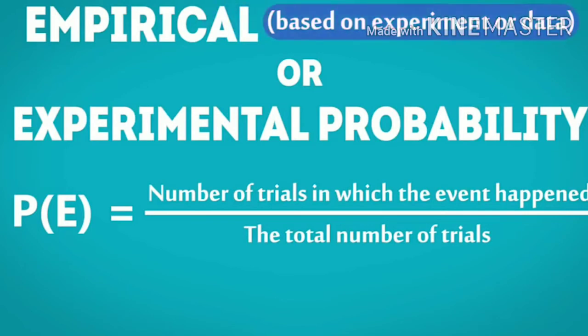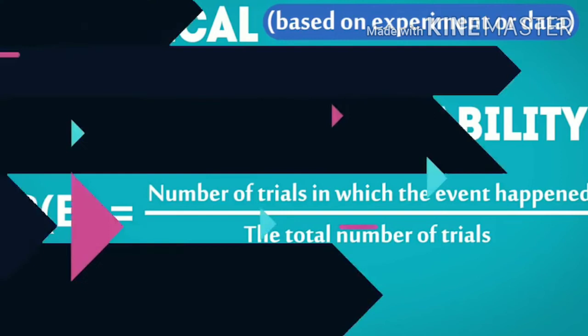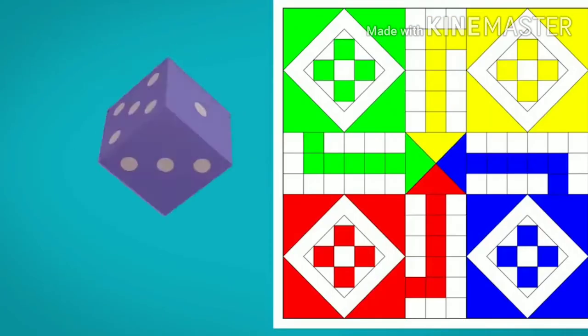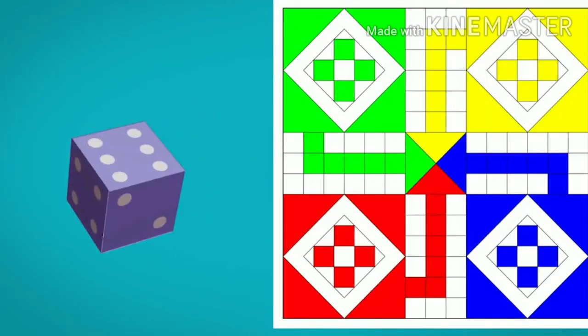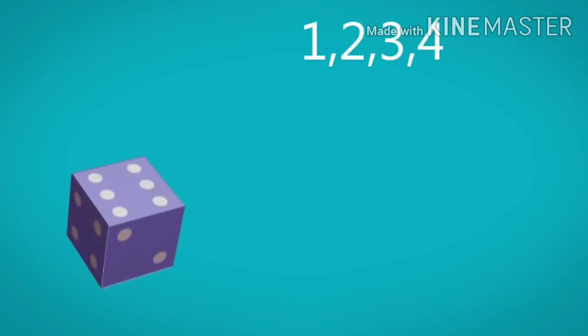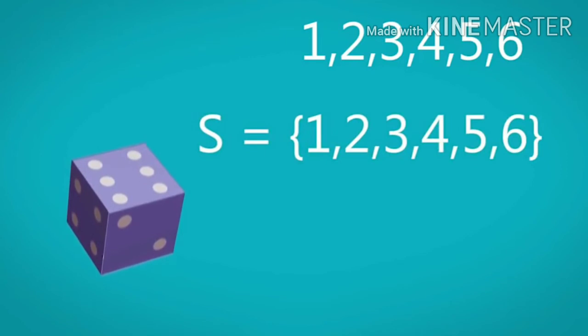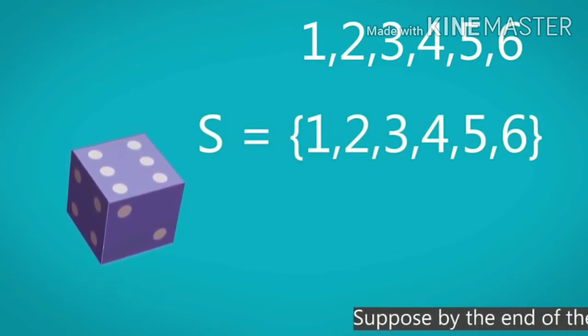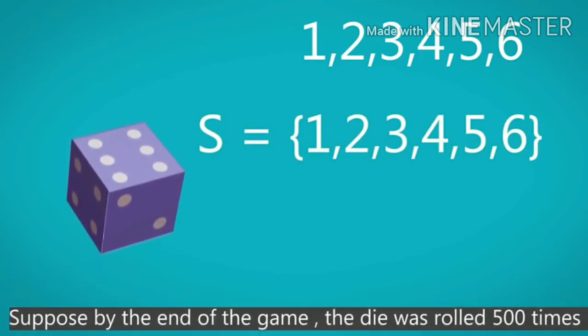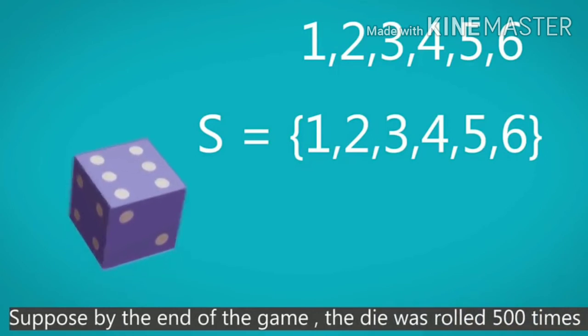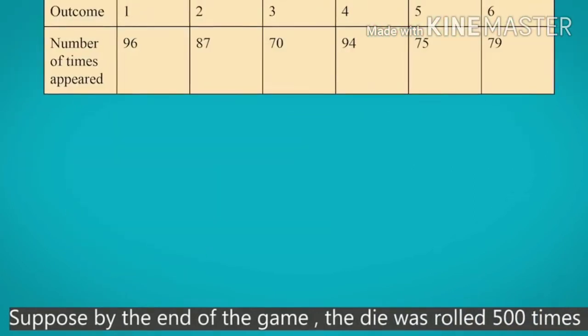Now we'll take one example. If you are going to play Ludo, what sample space will come? 1, 2, 3, 4, 5, 6. So the number of outcomes in the sample space is 6. Suppose by the end of the game, the die was rolled 500 times.